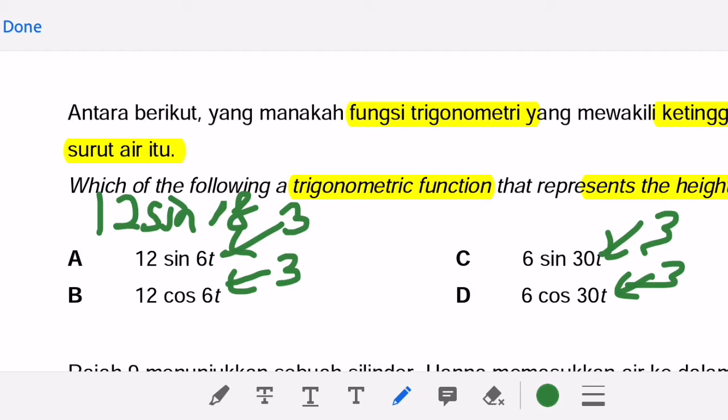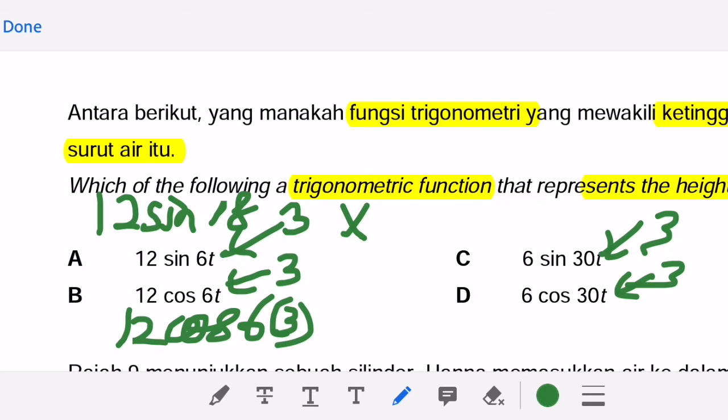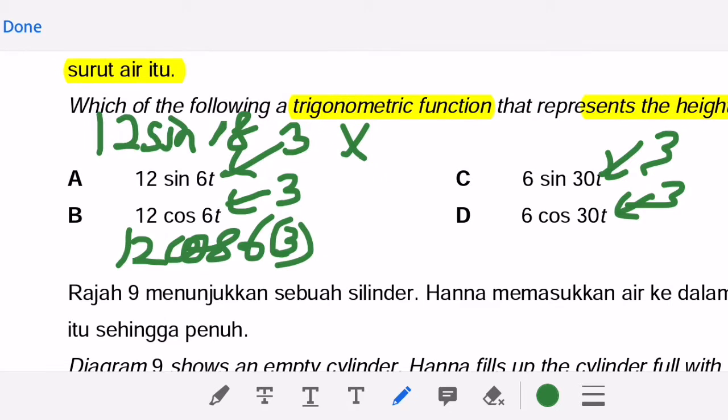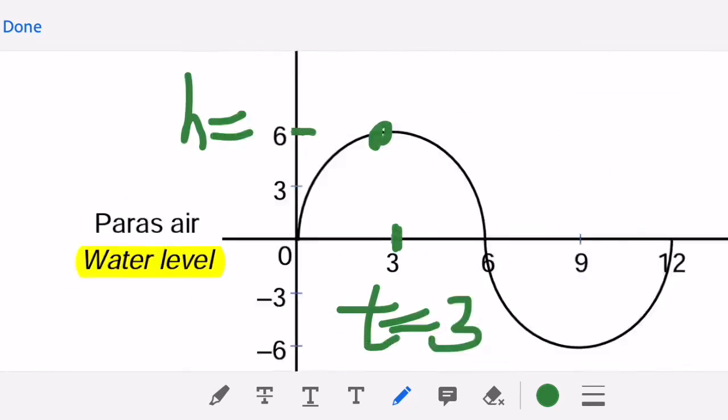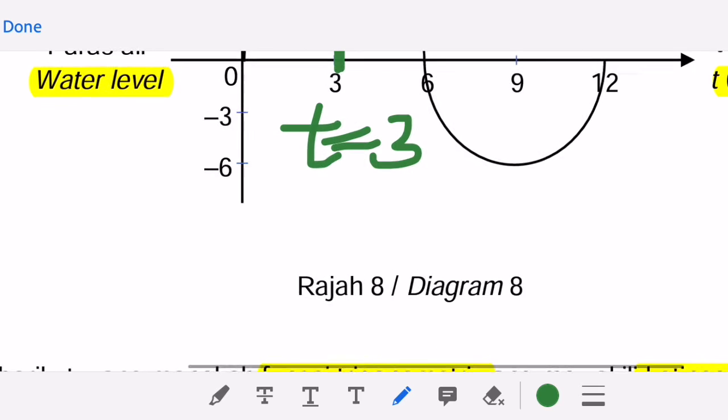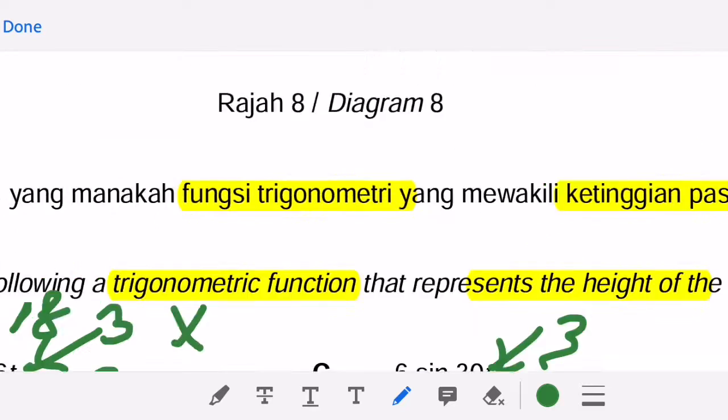You press the calculator. Are you getting 6? I don't think so. 12 cos 6 times 3, 12 cos 18. You won't get 6, because when t equals 3, the height should be 6.